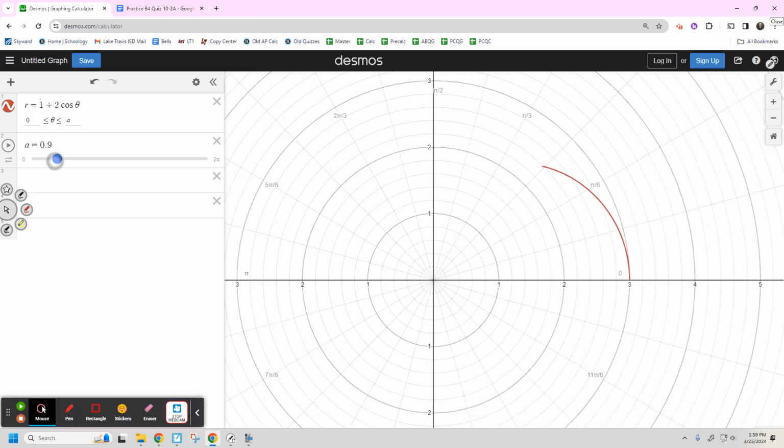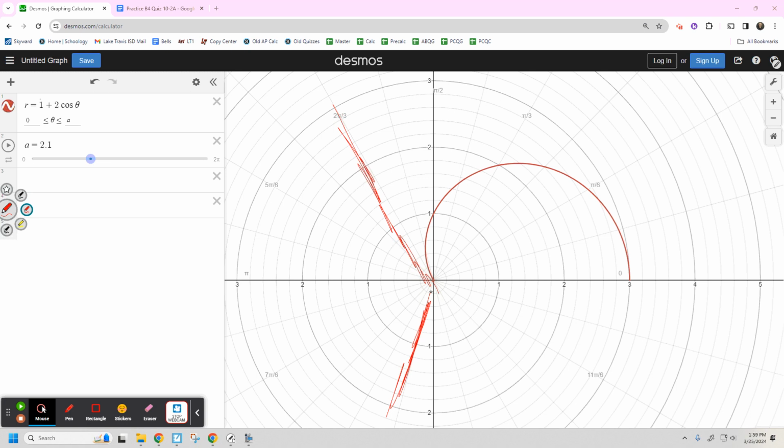Here is my graph getting closer to the origin. Bam. You saw this on your quiz. Like how you got all the way to the angle of 2 pi over 3. Here's the angle of 2 pi over 3, and I got a 0. Between 2 pi over 3 and 4 pi over 3, my radius is negative.